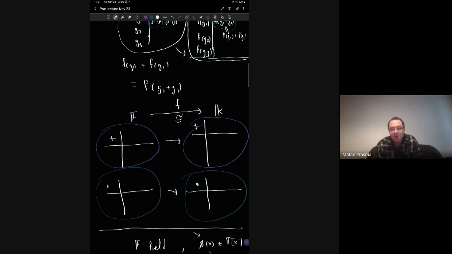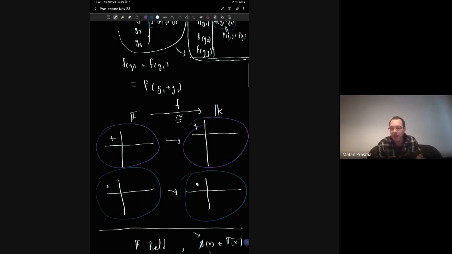And possibly there could be another construction that has the same properties. What we want to show is that these two constructions will result in isomorphic fields.